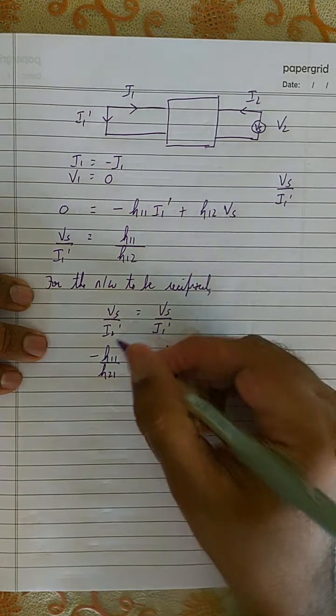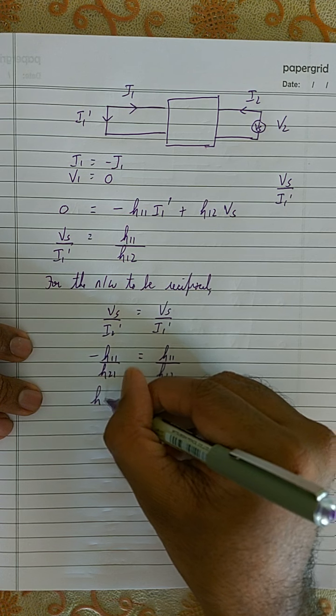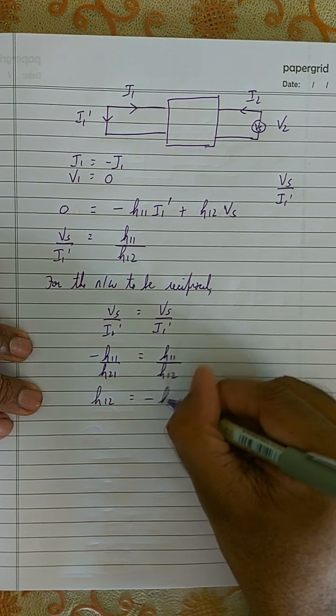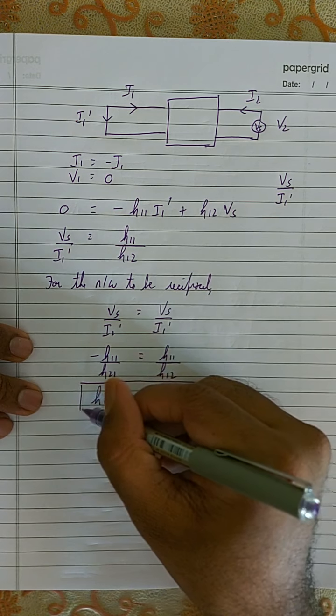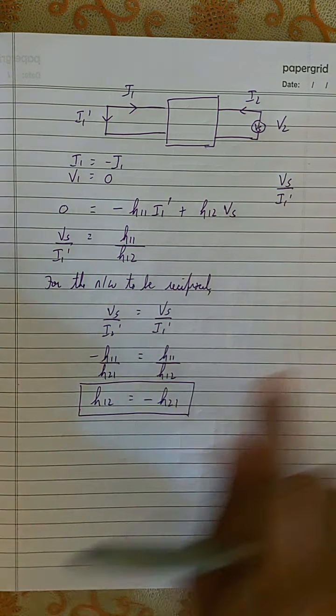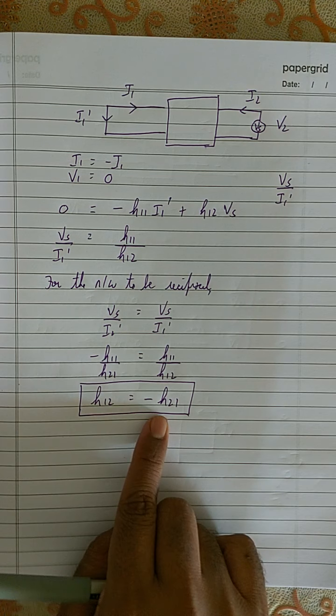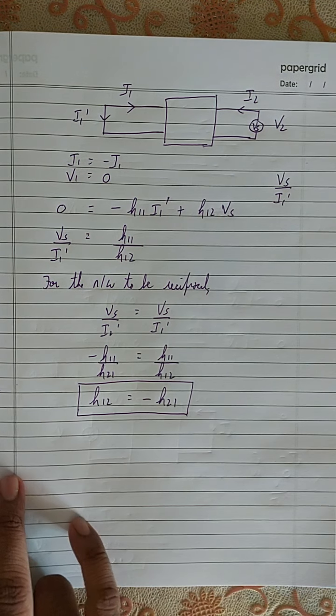So therefore H11 will cancel, and you will get H12 is equal to minus H21. So this is the condition for the network to be reciprocal. That is, a network is said to be reciprocal if H12 is equal to minus H21. This is how we check the condition for reciprocity.